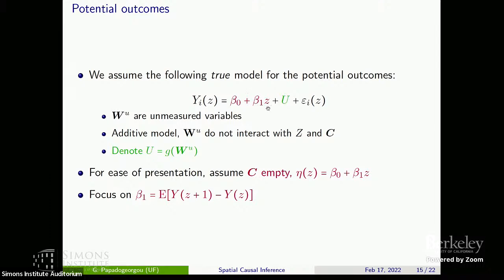Again, that's not necessary, but this is for ease of presentation. And in this specific situation, this coefficient corresponds to the treatment effect of increasing the exposure by 1 unit.